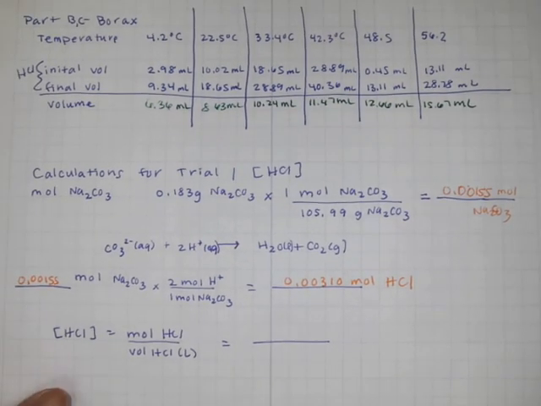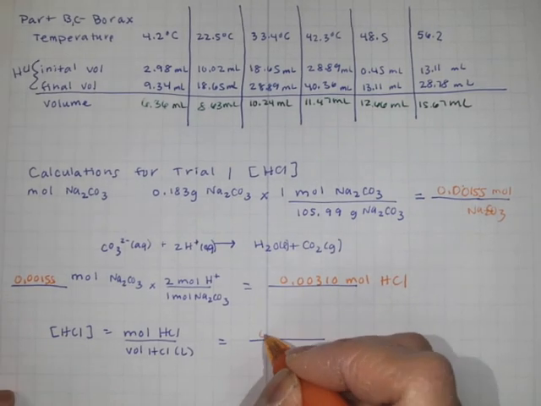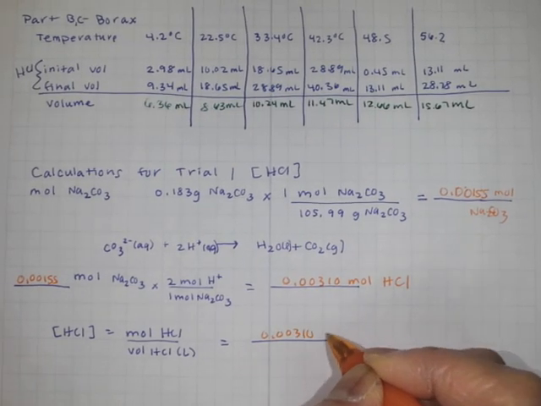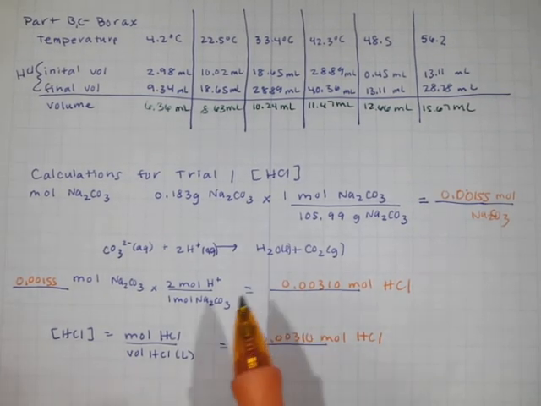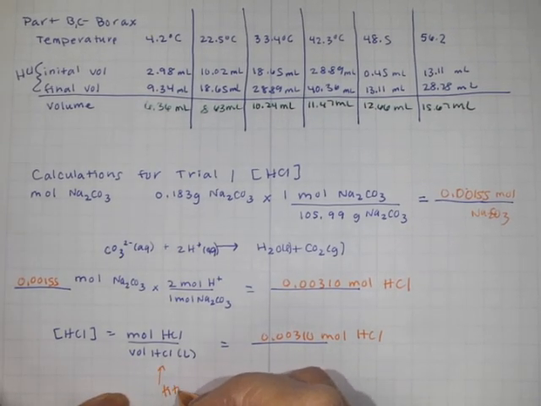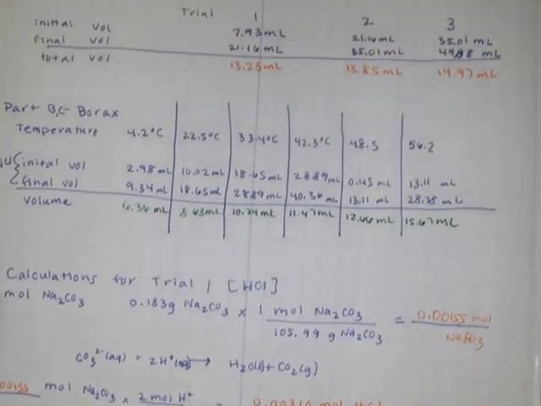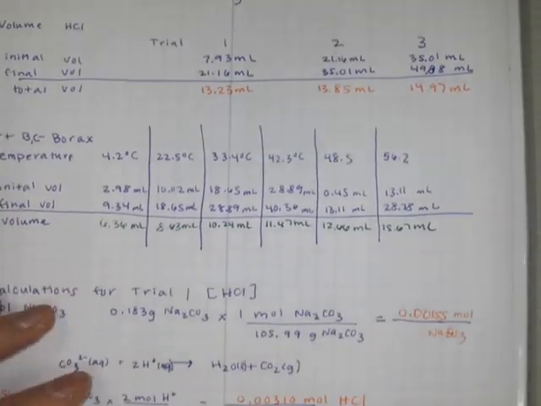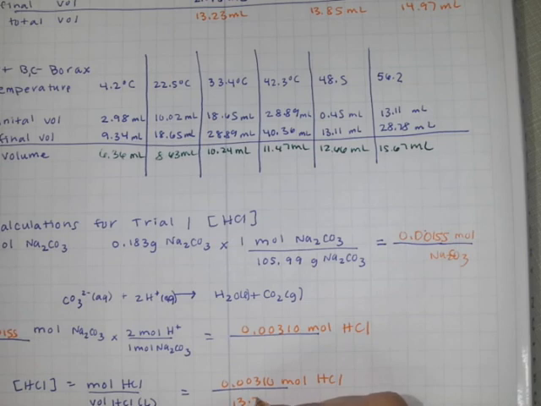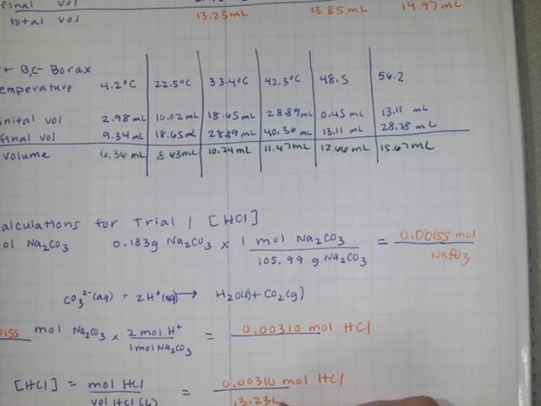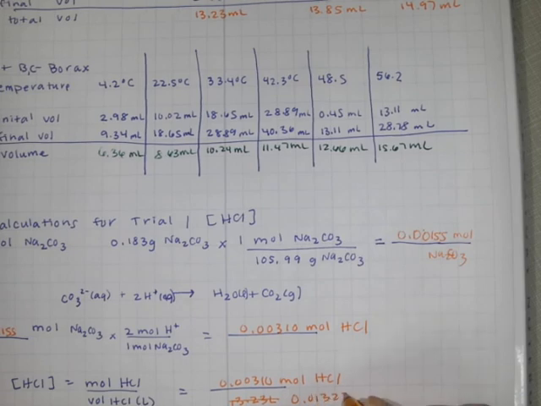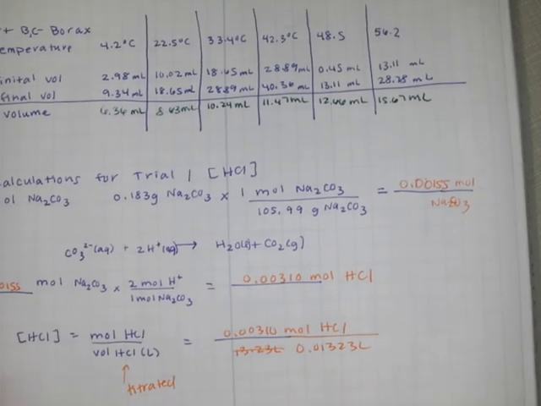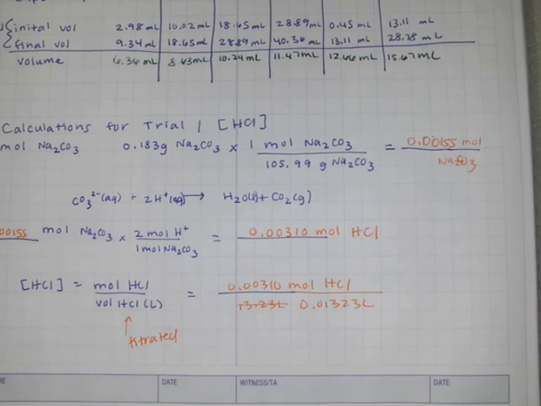To determine the concentration of HCl, we're taking the 0.00310 moles of HCl, and then you're going to divide that by the volume that was titrated in liters. For trial 1, I had 13.23 mL, so 0.01323 liters.